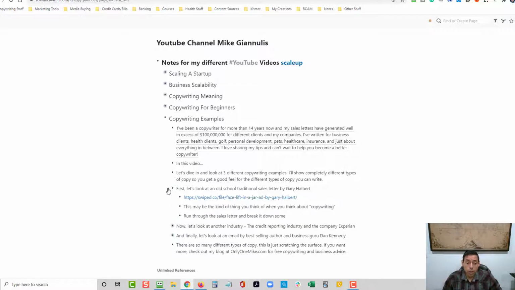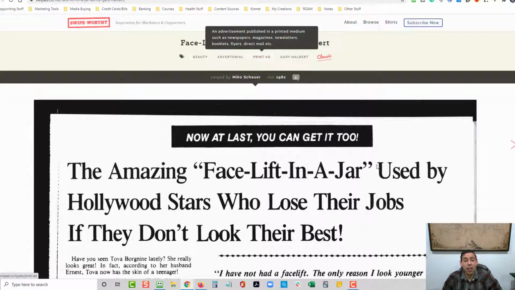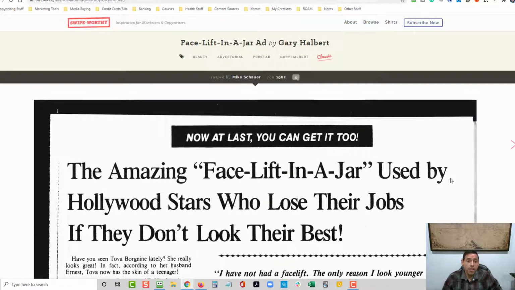So we're going to look at this, and this is probably what you think about when you think about copywriting, like from the traditional direct response set. We're going to run through this first piece and break it down some. This is a piece by Gary called the Facelift in a Jar ad.